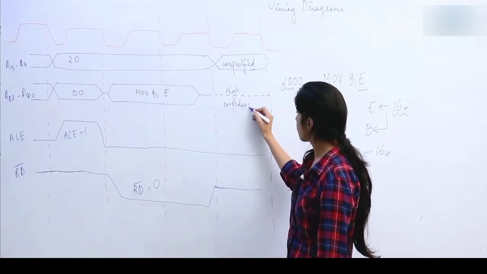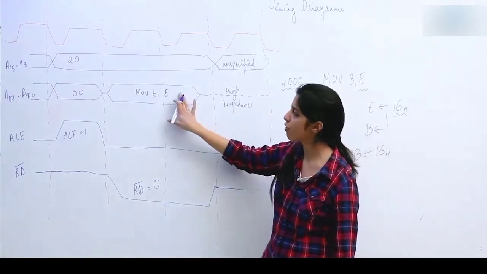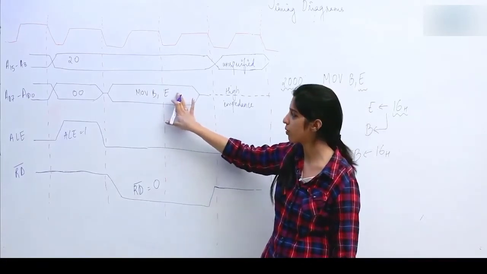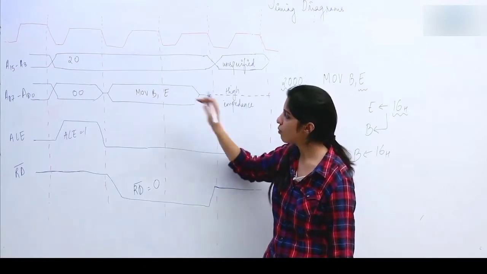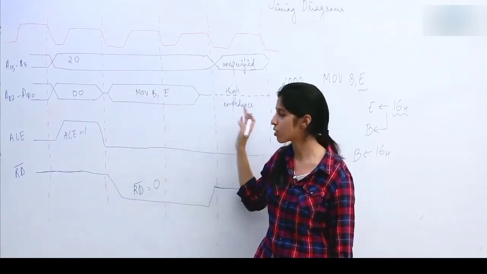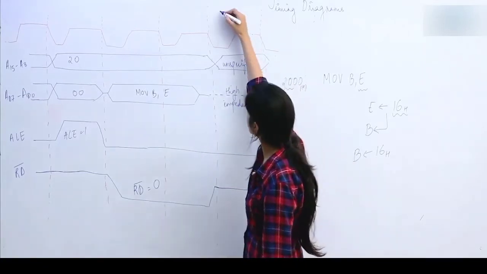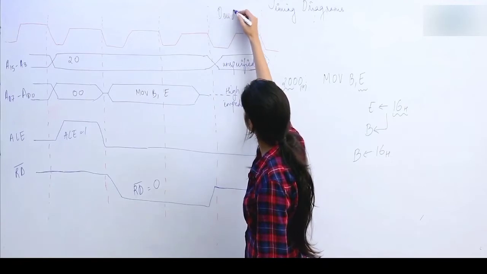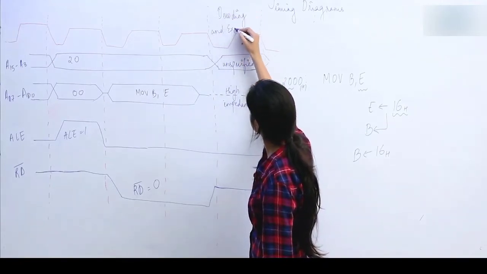We are making this bus high impedance because we do not want the data of this data bus to change. That is going to cause errors. I just want that MOV B, E should remain in the data bus, so that whenever I need, I can access this. In this cycle, we are going to have decoding and execution.